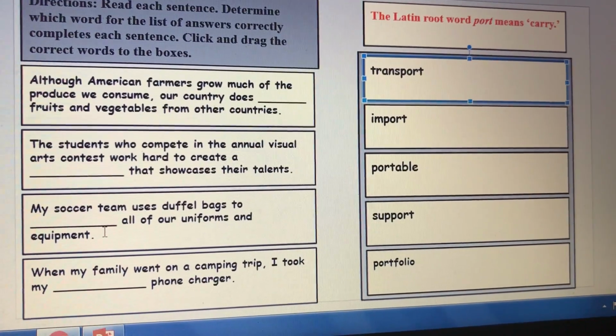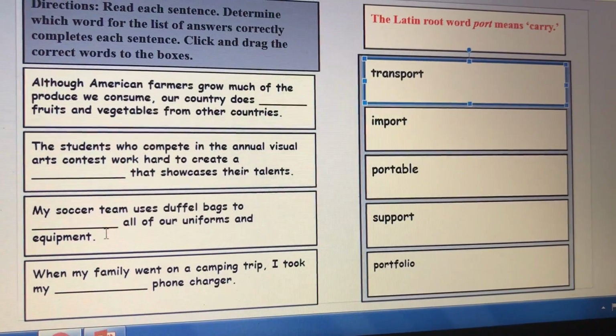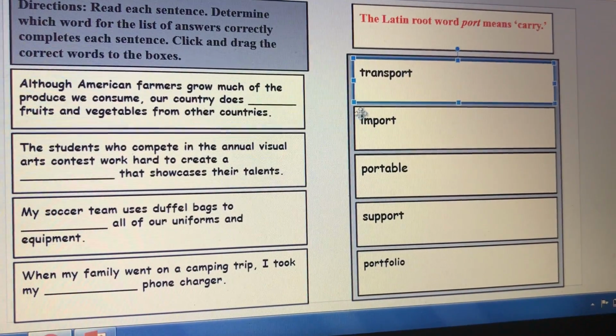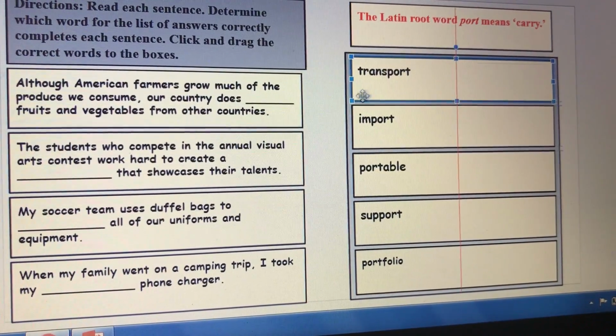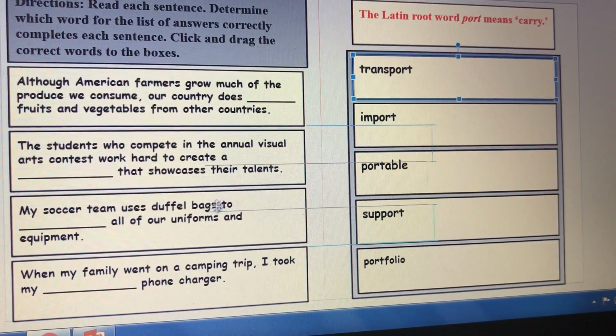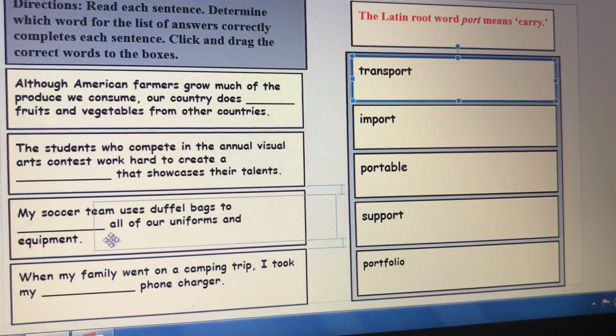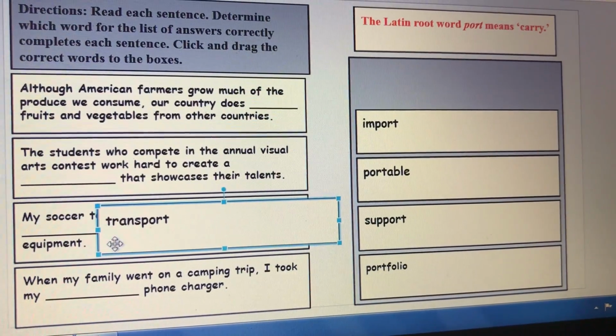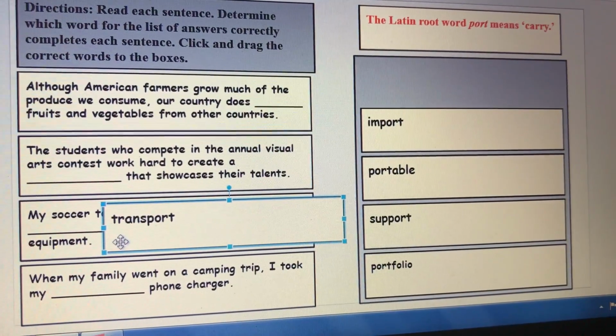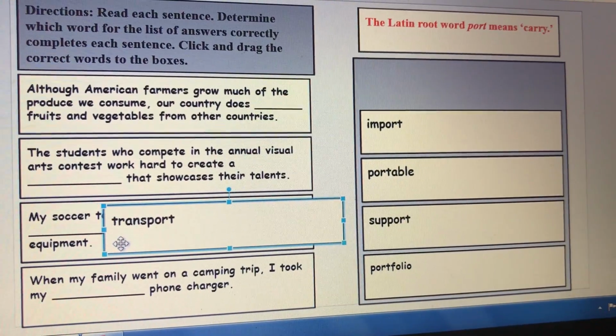The term that correctly completes this sentence is transport. So students will drag and drop that word to the sentence.